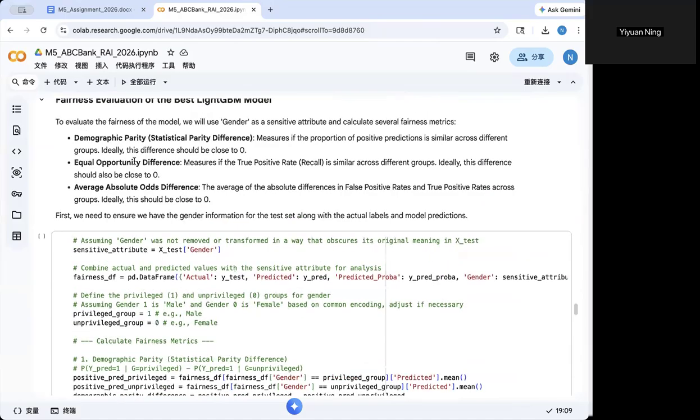For the fairness evaluation, I used gender as the sensitive attribute and assessed the model using several fairness metrics, including demographic parity difference, equal opportunity difference, predictive equality difference, and average absolute odds difference. For all of these metrics, values closer to zero indicate better fairness.